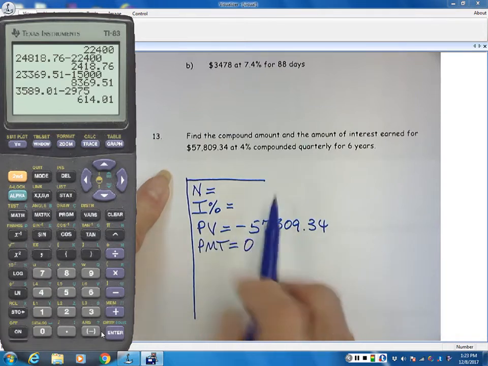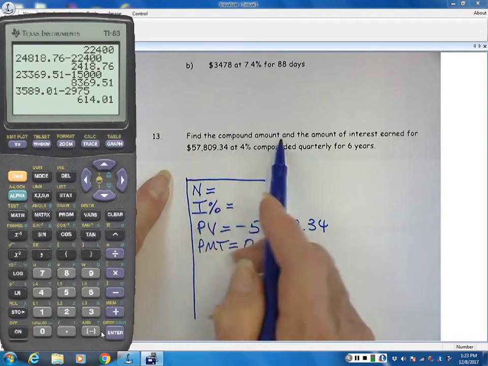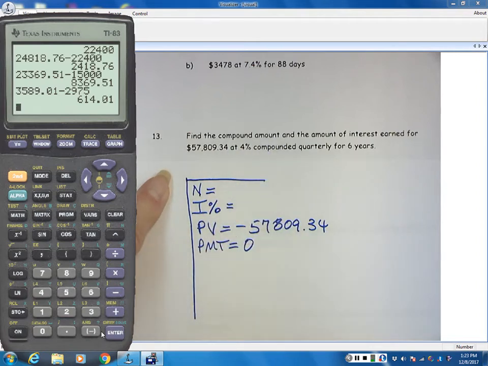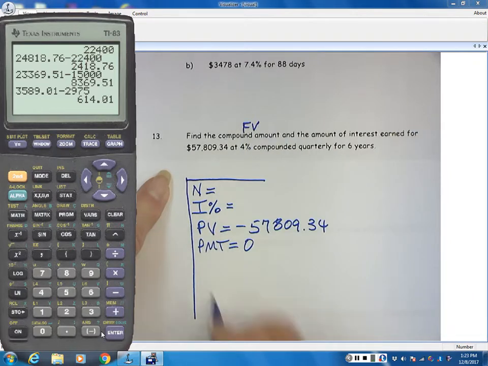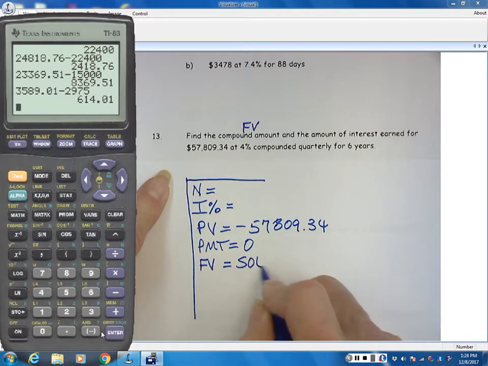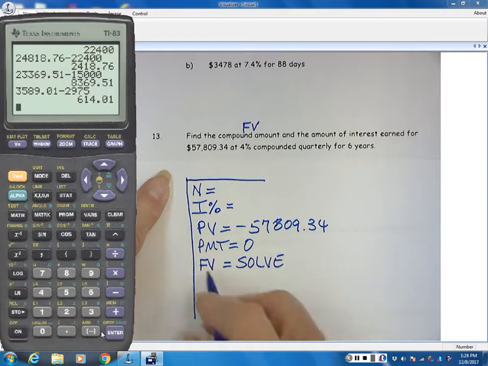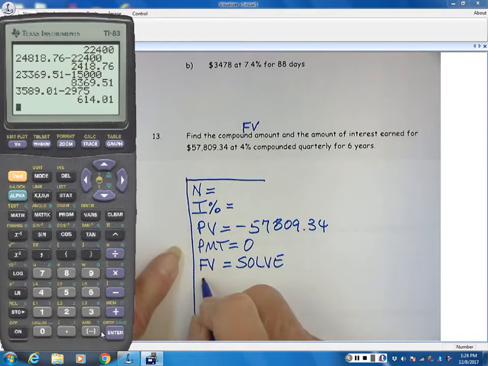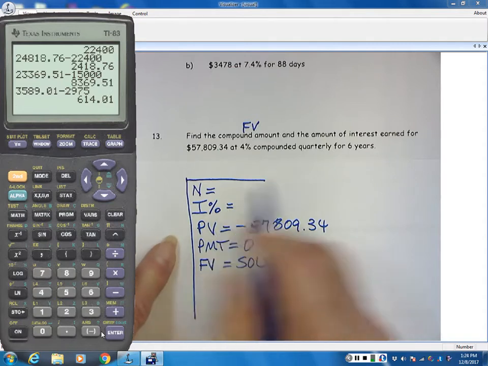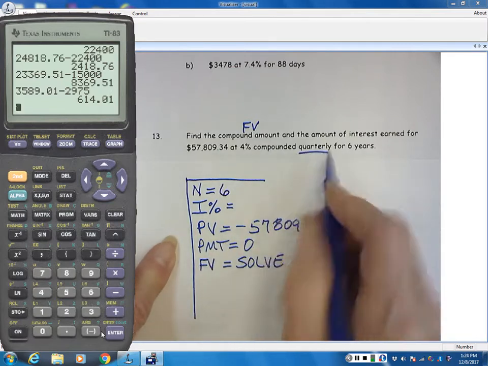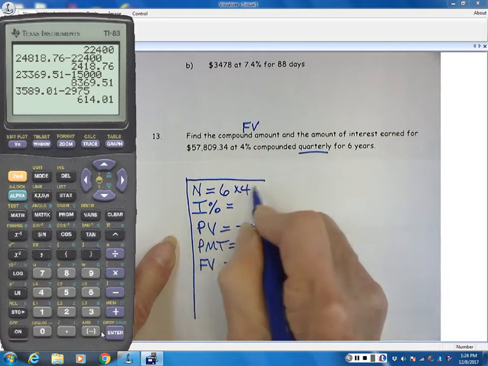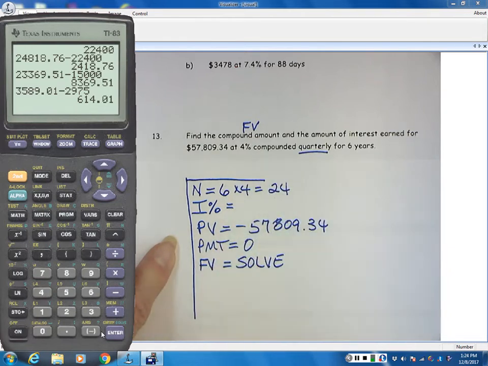And in order to find the compound amount, that's the same thing as the future value. So 6 years worth of payments, compounded quarterly, means it's going to be 24.